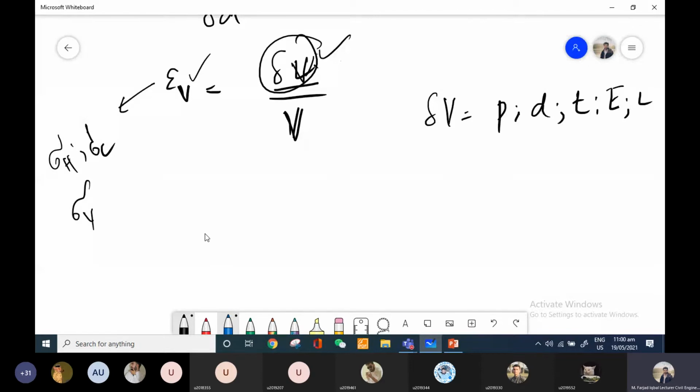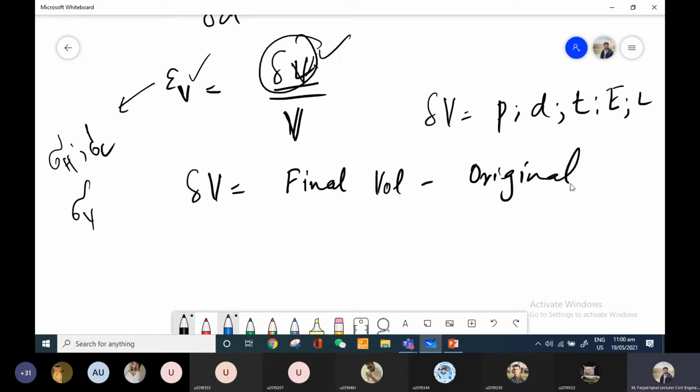So if I write the expression for change in volume, change in volume क्या होगा, that is final volume minus original volume, right? This is what change in volume is. Simple concept.